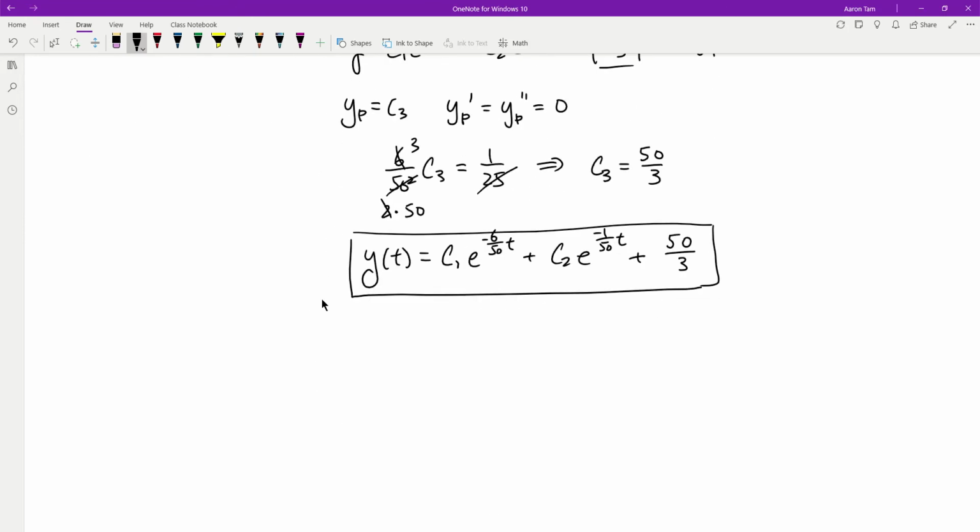So I know that dy over dt is equal to 1 over 25 x minus 3 over 50 y.